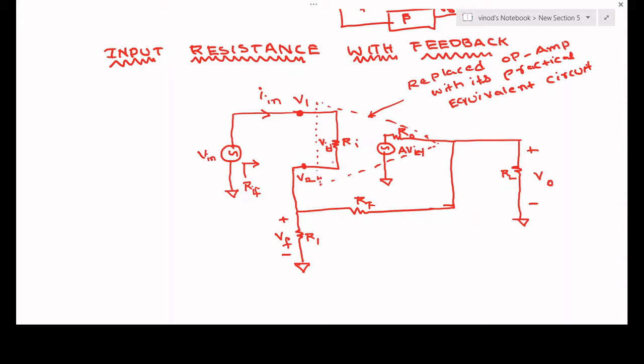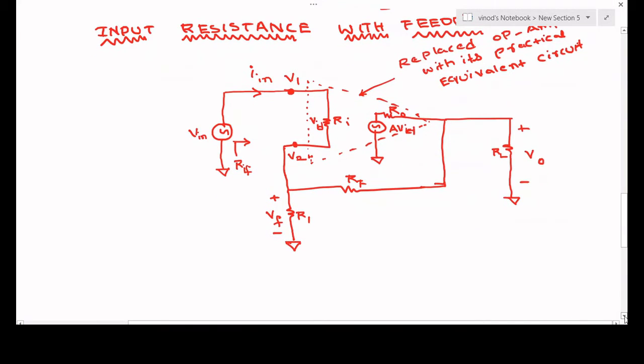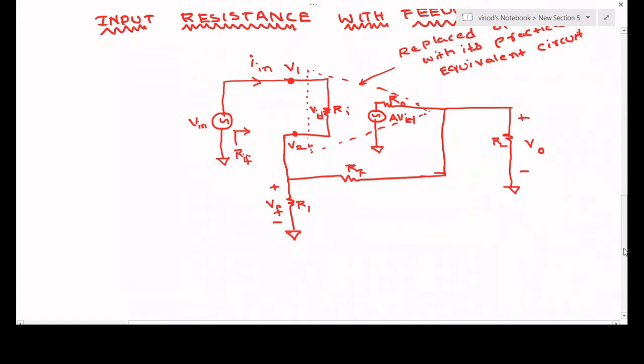Right. Now we will find the input resistance of the op amp with feedback. So here, what is RIF?